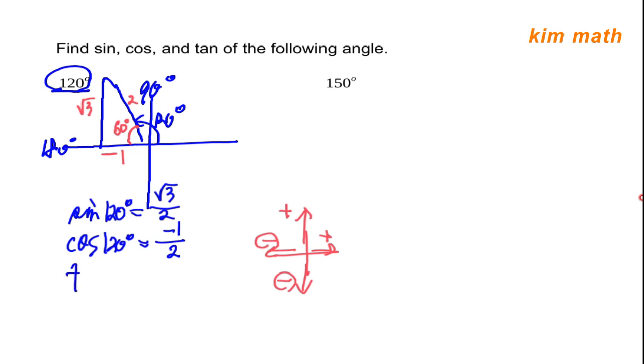And what is the tangent to 120 degree? Y over X, radical 3 over negative 1, or more simply, minus radical 3. This is not from our simple memorization. I hope you can sketch the triangle only correctly, then reasoning. Okay, think. I hope you can find all of this value.